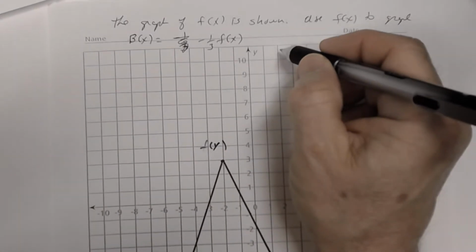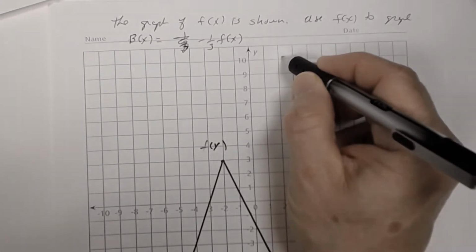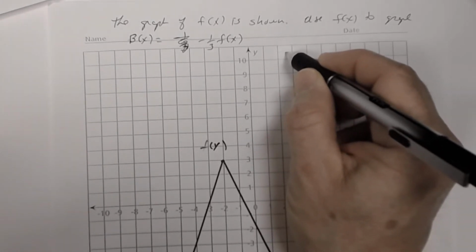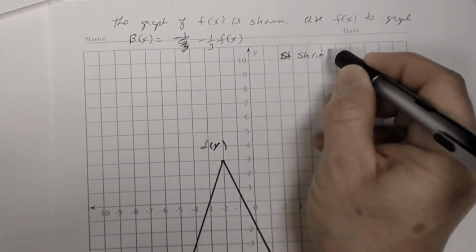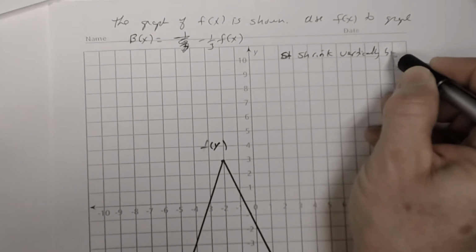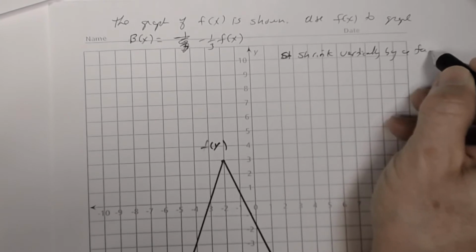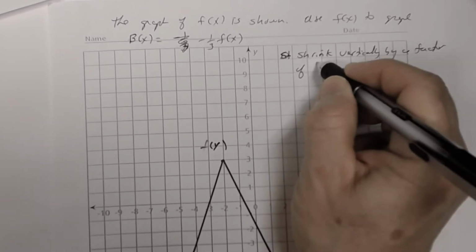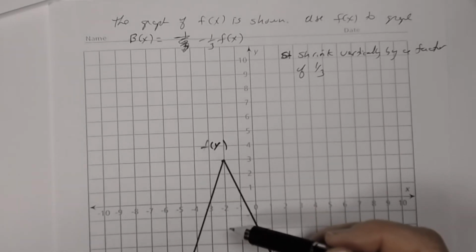All right, so here are our transformations. We're going to shrink vertically by a factor of 1/3, which means that the y coordinates are multiplied by a third.